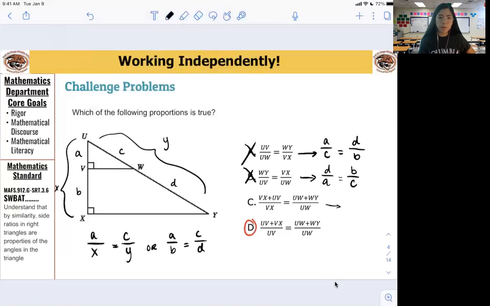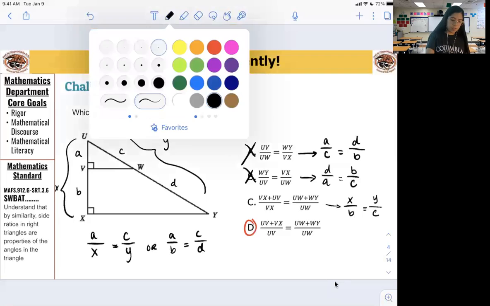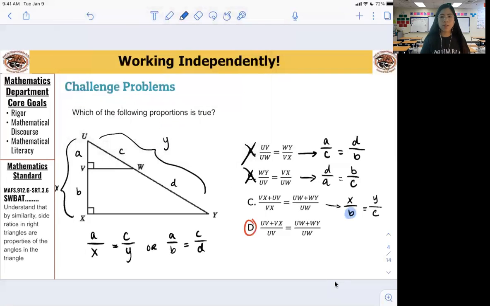Remember, because I labeled the long section, that would be X. So VX plus UW, that's X over B is equal to Y over C. So if they wanted to do it this way, what should they change that B into? An A. Yeah, that should be an A if you want it to be correct.